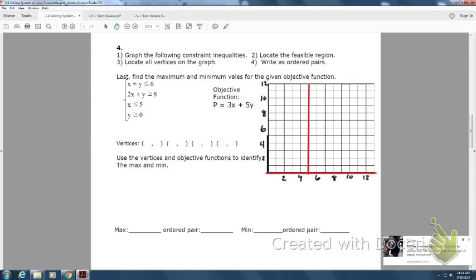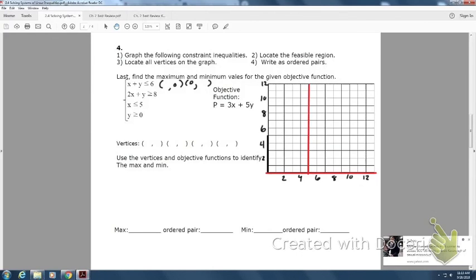Alright, so looking at how to find the x and y intercept of these. Now, can somebody tell me why it is nice whenever I've got x plus y? It's always going to be the number that it's equal to.